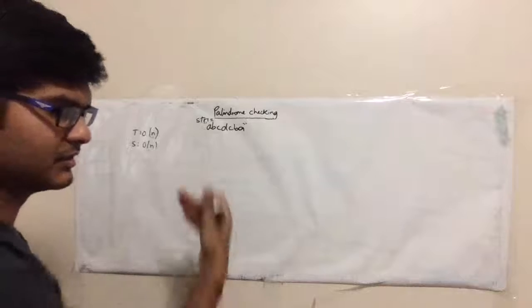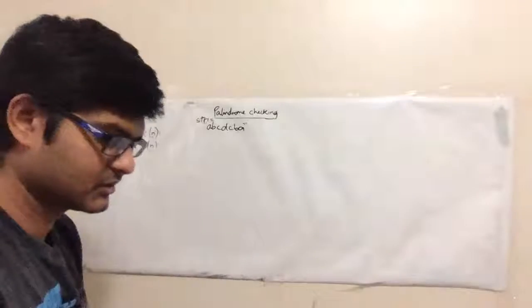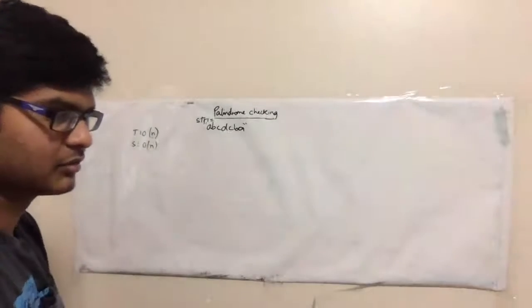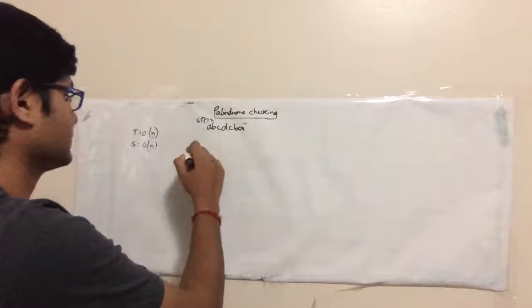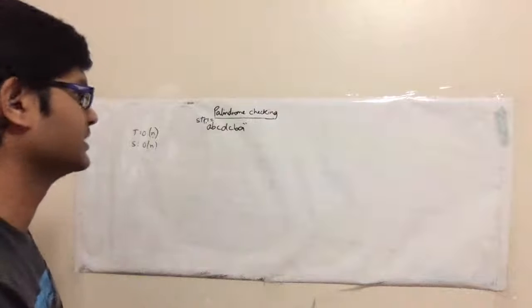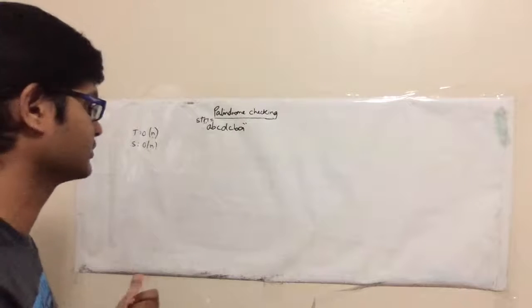These two methods which we just discussed were iteration methods. So can we do this palindrome check in a recursion way? Okay, if recursion is there, how can we approach this?